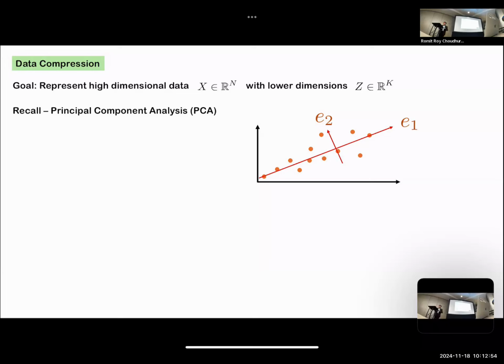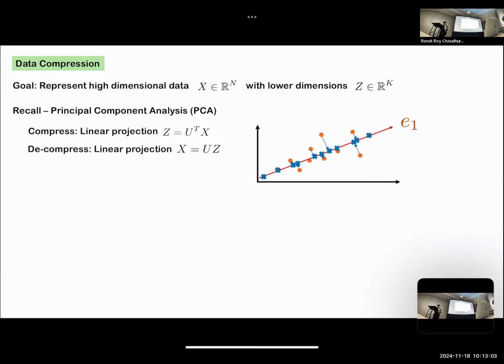But what you can do is find the direction, this axis, and project all the data along that direction, and then only store the distance along that direction for each data point. So this last data point will be this much. You store only one scalar value, so now you have 10 times 1, which is 10 memory units.